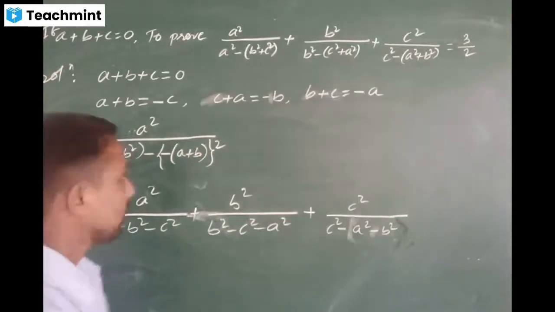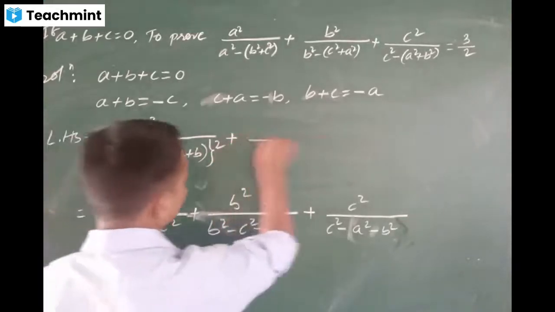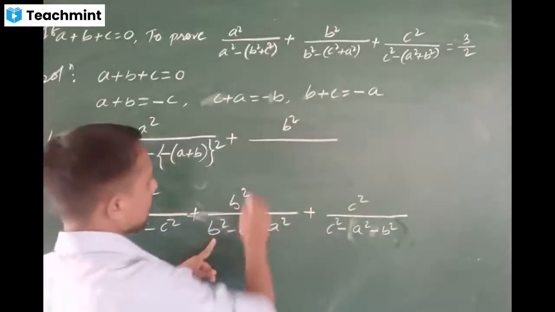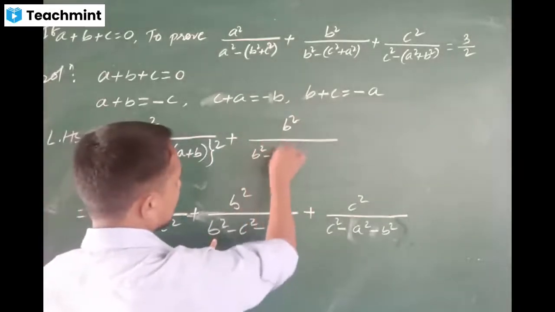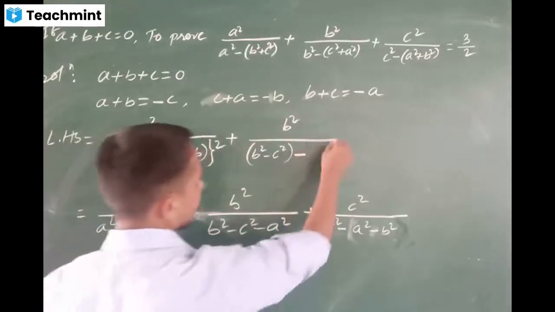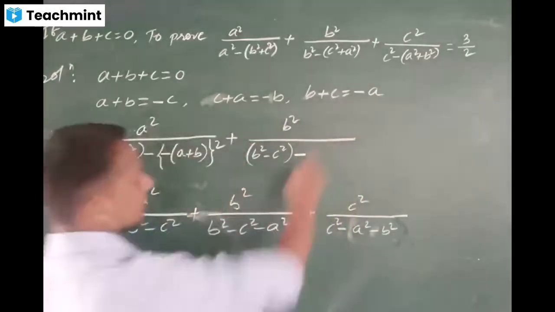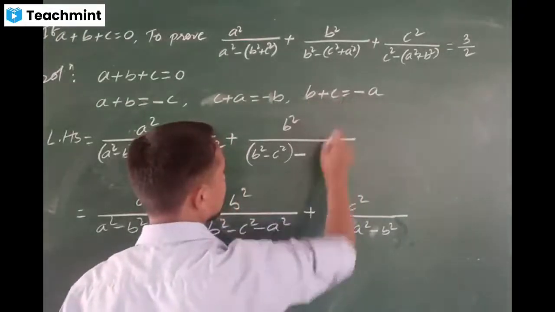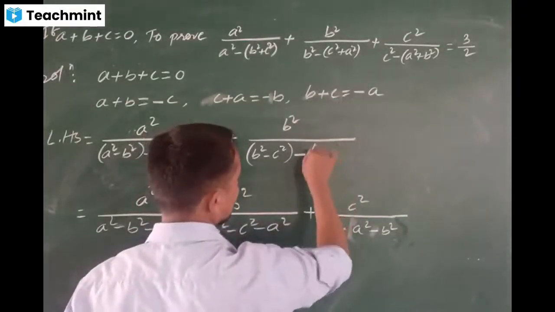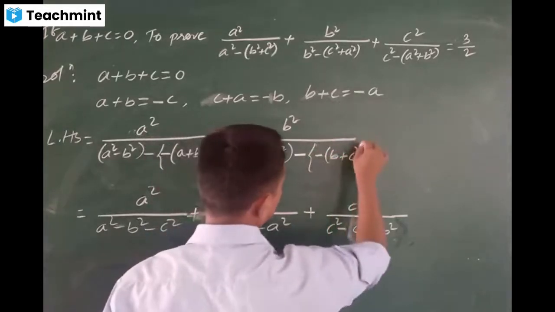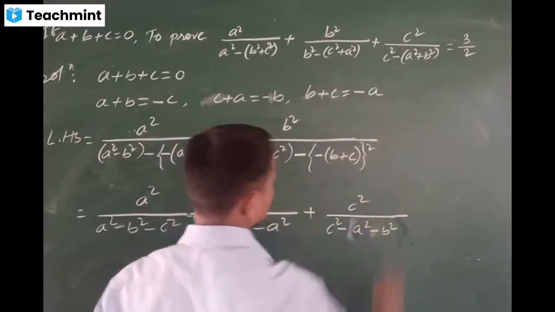Then b square divided by again b square minus c square, minus, then a value is how much? a value is minus (b plus c), so minus (b plus c) whole square.